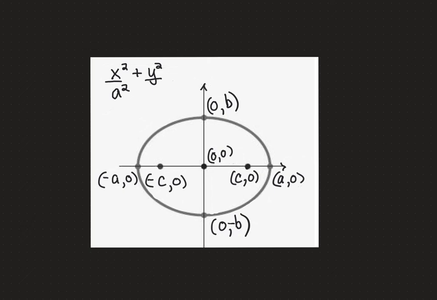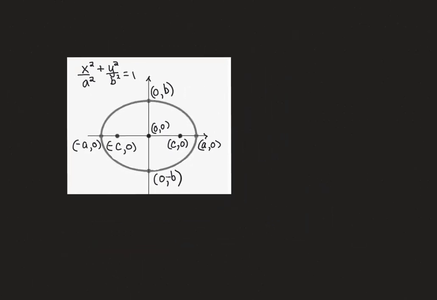So we have x squared over a squared plus y squared over b squared, and that is equal to 1. That is the standard form of the equation of an ellipse whose major axis is along the x-axis and whose center is at 0, 0.